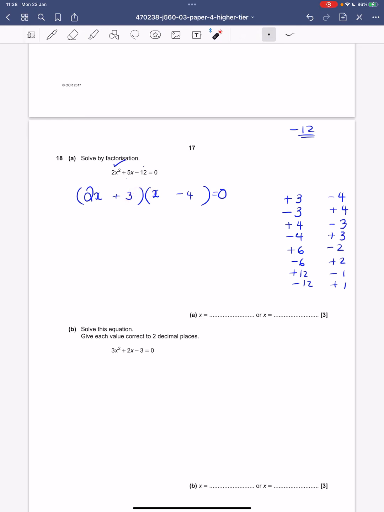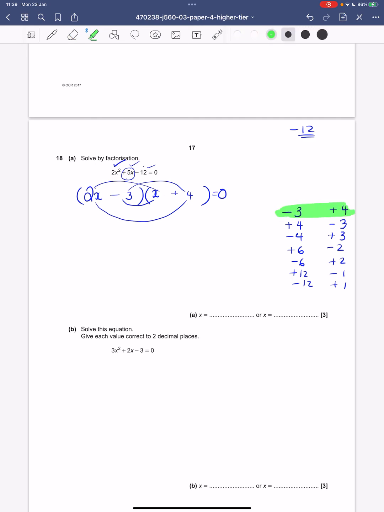So we've got plus 3x minus 8x is minus 5x. That's not what we want. Let's try the next one. Minus 3, plus 4. So can you see that we've now got minus 3x plus 8x does make 5x. We've also got minus 12. We've also got 2x squared. So that is our answer.